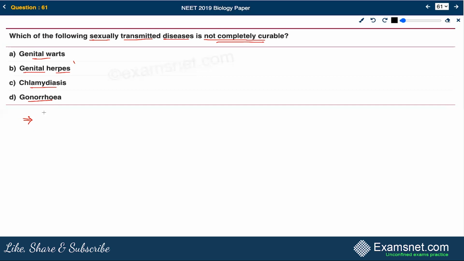So genital herpes is caused by type 2 herpes simplex virus, shortly termed as HSV.